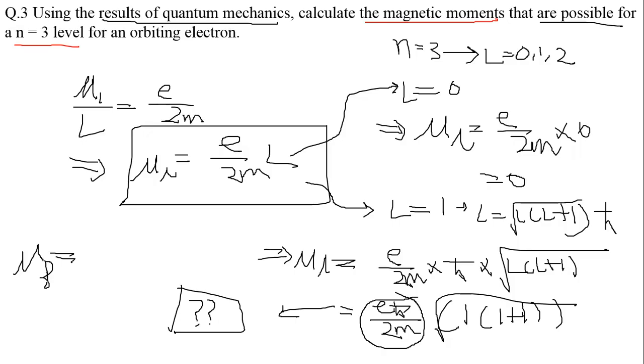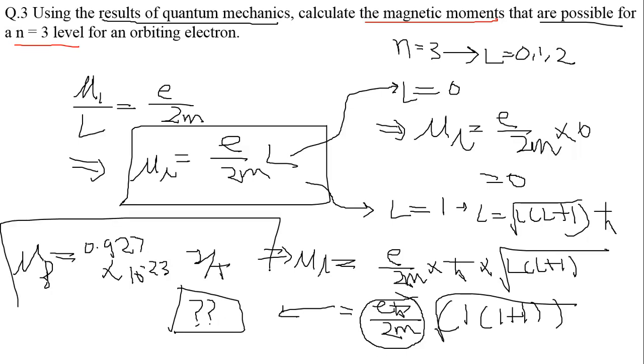So e h cross by 2m is the Bohr magneton, mu B, and its value is 0.927 into 10 to the power minus 23 joule per Tesla. If we put this value, then we can calculate mu L. Then mu L will be this value into root 2, because l into l plus 1 is 1 into 2, so root 2.